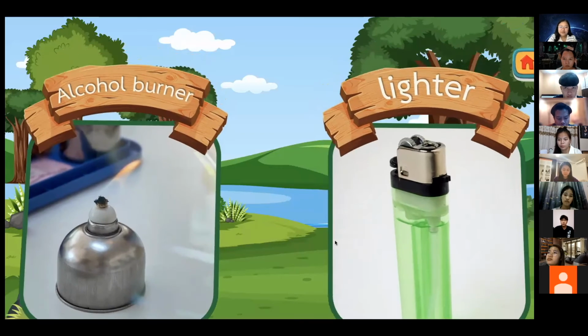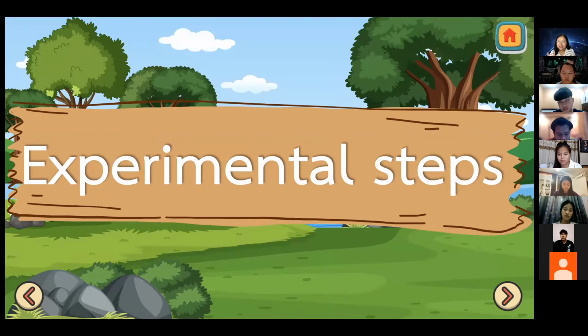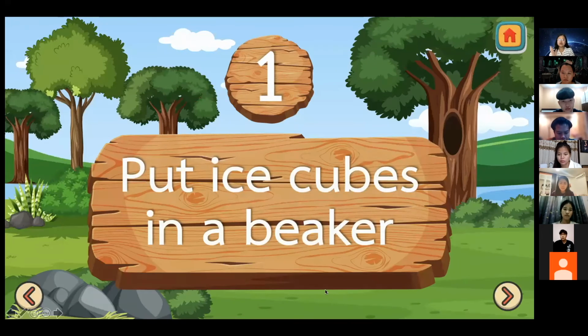Next, I will explain about the experimental steps. You will remember, because when I do the experiment, you will tell me about each step. Okay? Okay, great. Next, the first one is you must put ice cubes in a beaker.